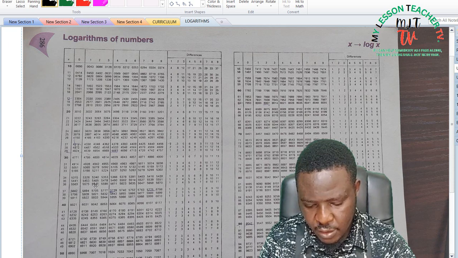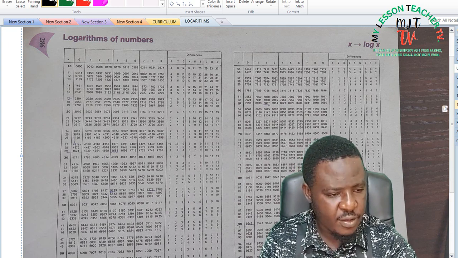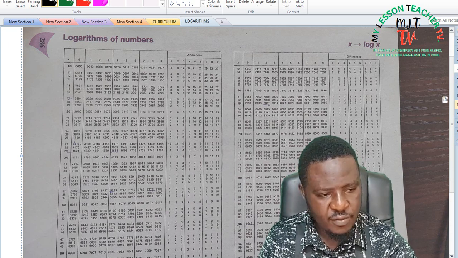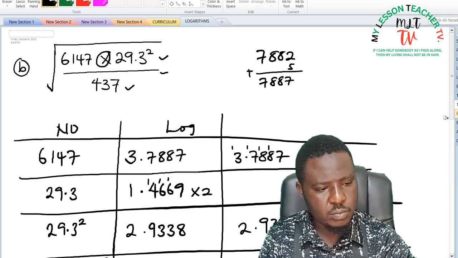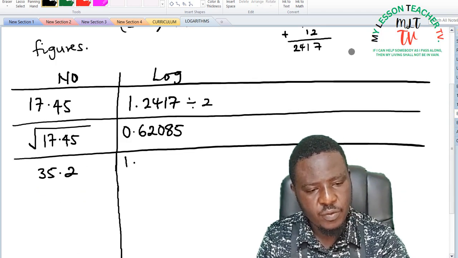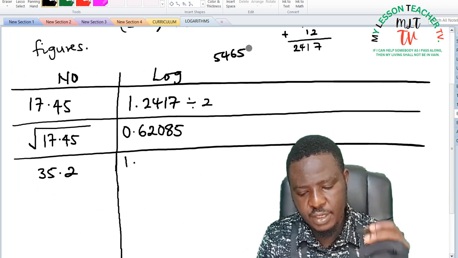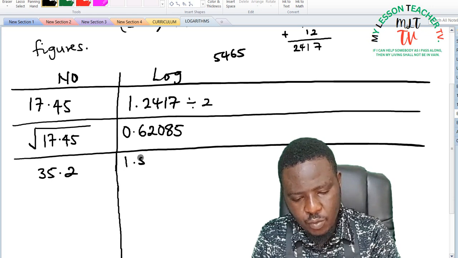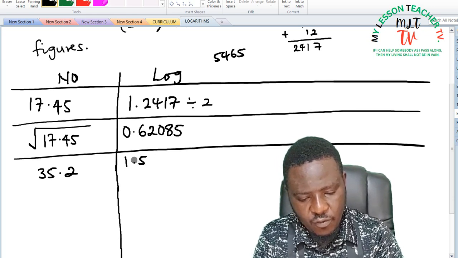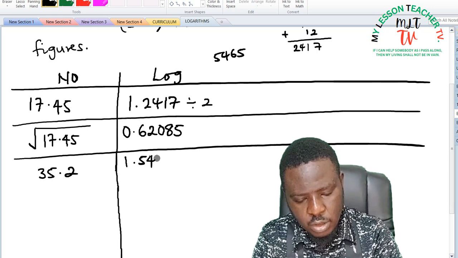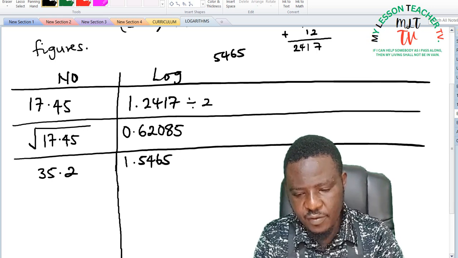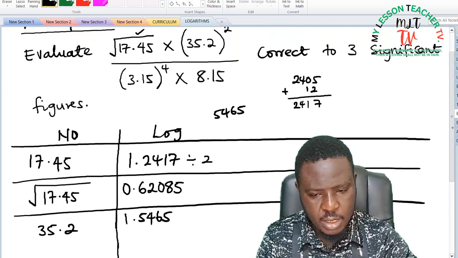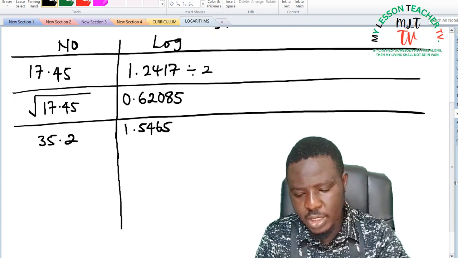Under 2 is 5465. Since the difference is 0, we have 1.5465, which is to be squared.